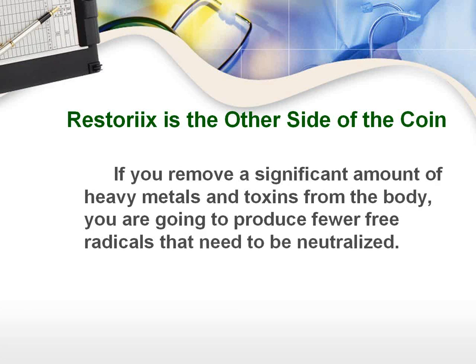So you're building up your body's natural defense system to handle the increase in free radicals and to bring it back into balance. But Restoriix is removing those metals and toxins from the body, which increase your production of free radicals. And so when you start to remove them, you're producing fewer and fewer free radicals that really need to be neutralized. So it's all working together.